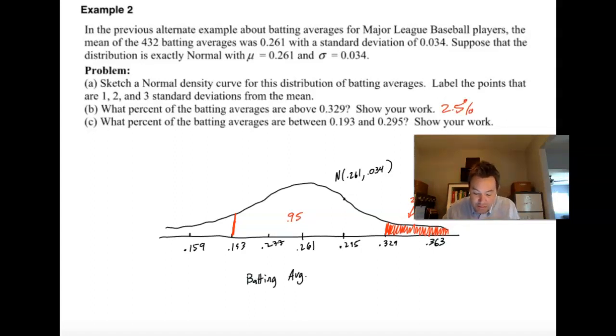What percent of the batting averages are between 0.193 and 0.295? All right, so we're looking for this total area.